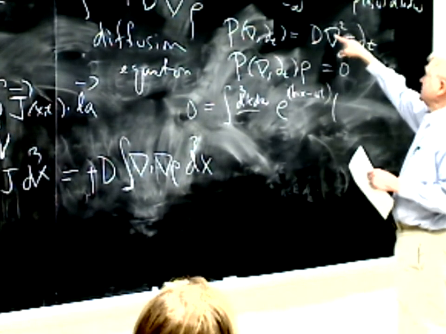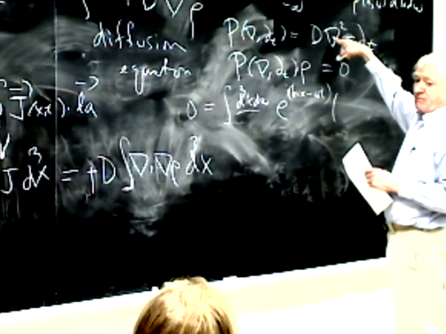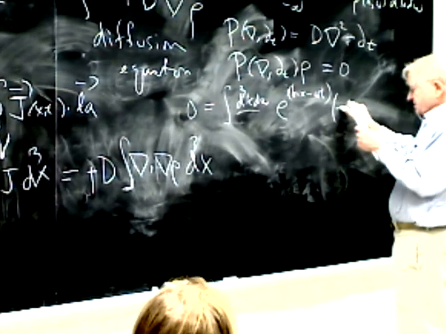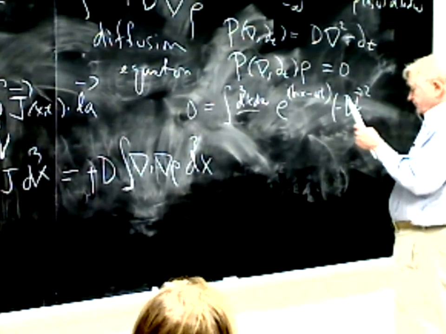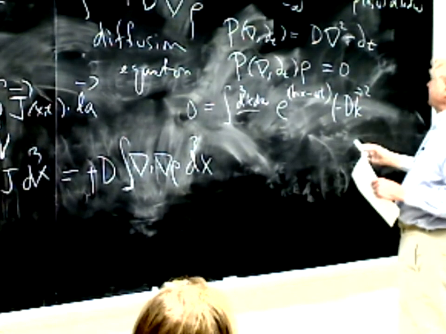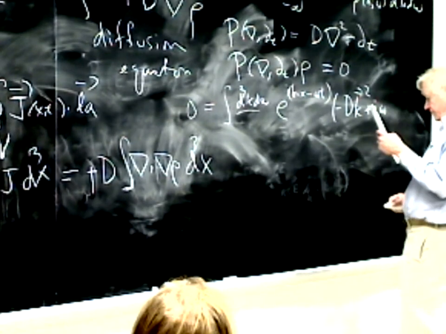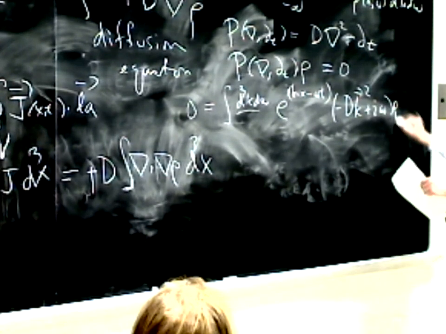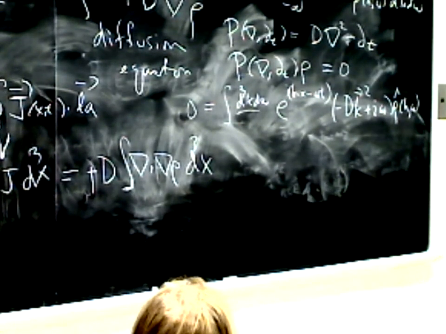It's d times grad squared. Grad squared is going to bring down a minus k squared. So this is going to be minus d k vector squared. Then minus d by dt is going to bring down a plus i omega, times rho hat of k and omega, all that equals 0. Okay, that's our equation.